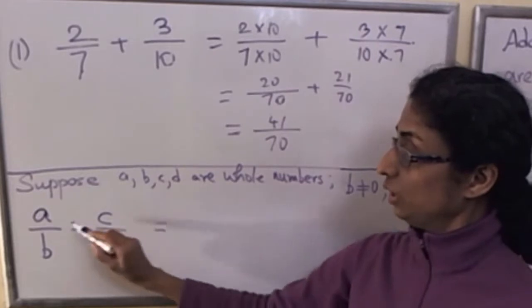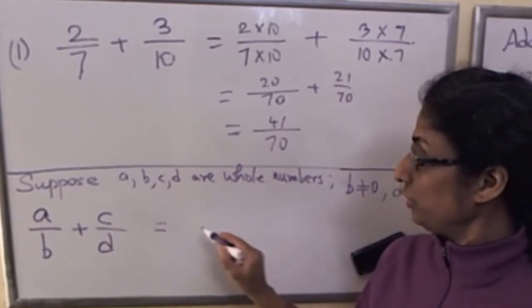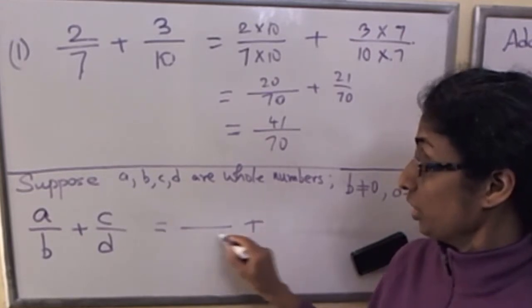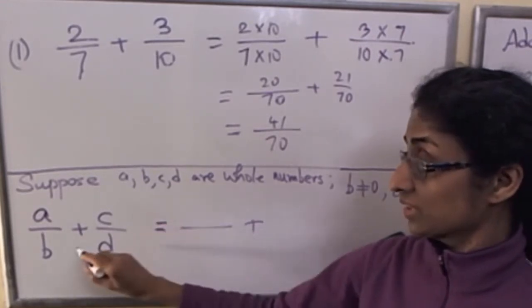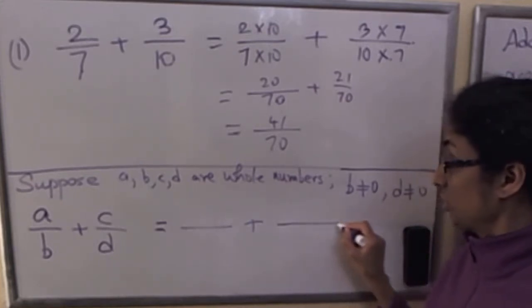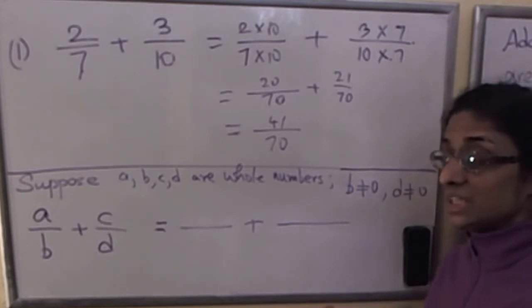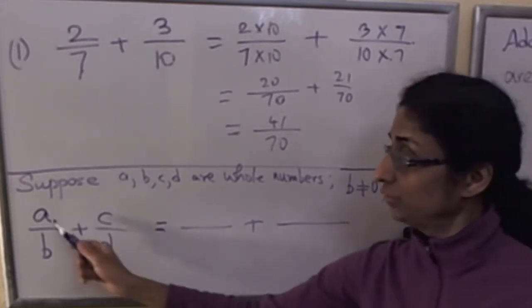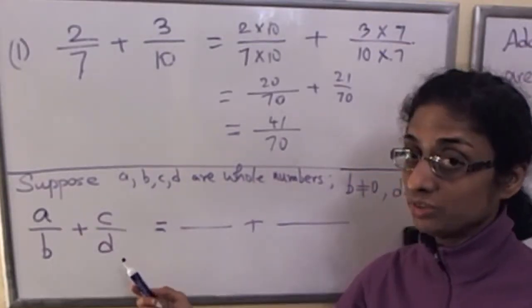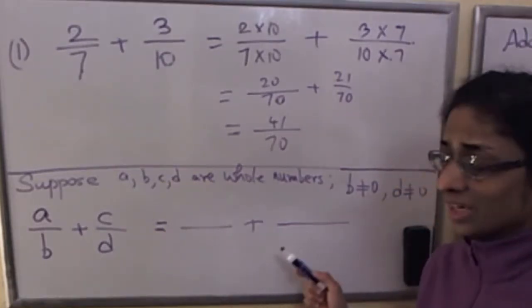Exactly the same way. We notice the two fractions have a different denominator. What do we do? We know how to add fractions with the same denominator, but we don't have that situation. So we go ahead and create for ourselves an equivalent fraction for A over B, and another equivalent fraction for C over D, in such a way that the denominators exactly match up.